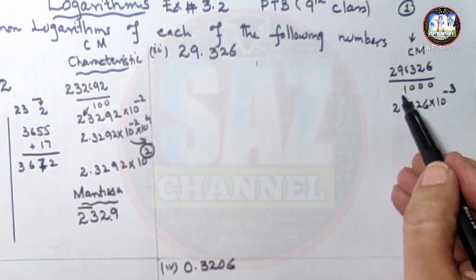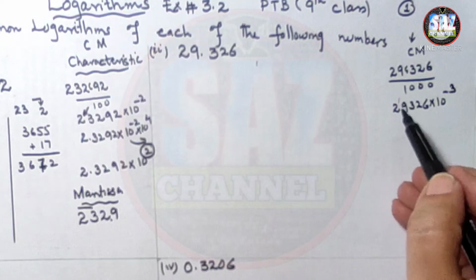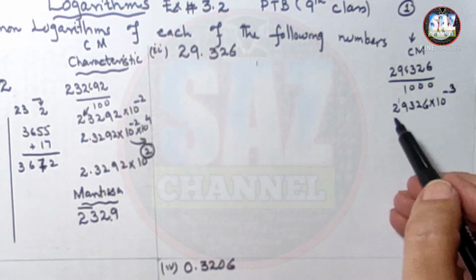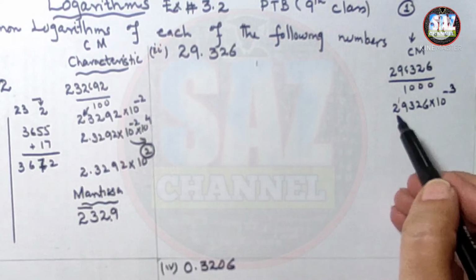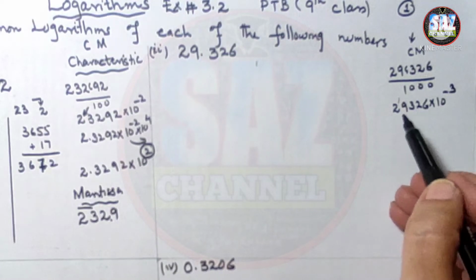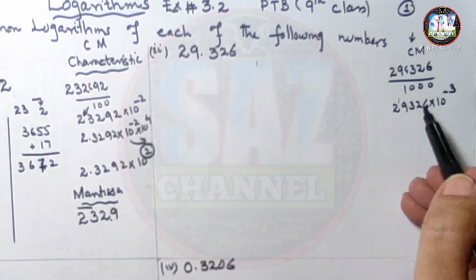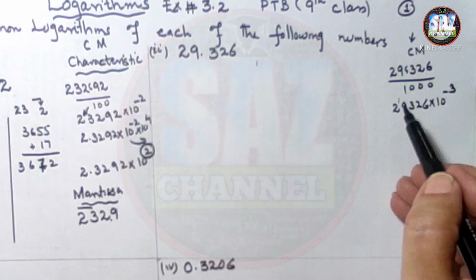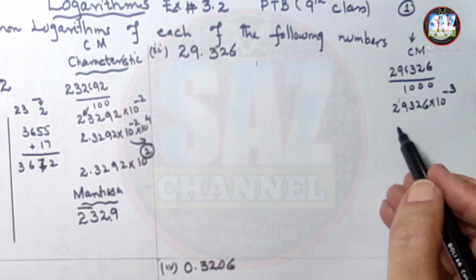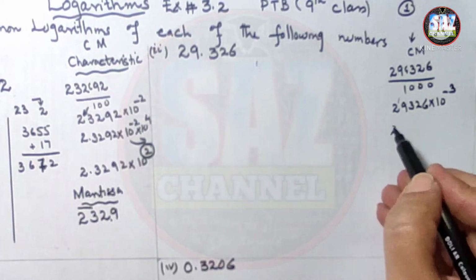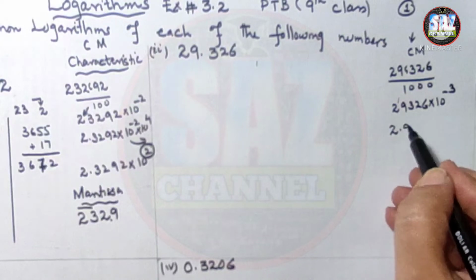Now you can see that when the number is in scientific notation, the number has to be between 1 and 10 only, but this is quite a large number, so what we have to do, 1, 2, 3 and 4 moves toward the left.